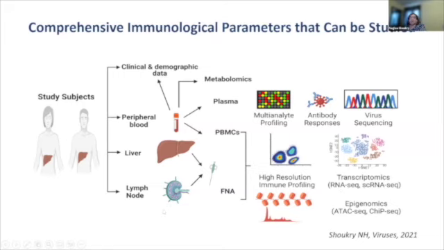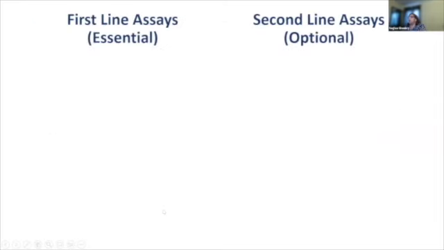But of course, we cannot do all of this at once. So we decided to divide this into first-line assays that are essential to assess the immunogenicity and the efficacy of the vaccine, versus second-line assays that are optional, from which we will learn more about what happens with the immune response.